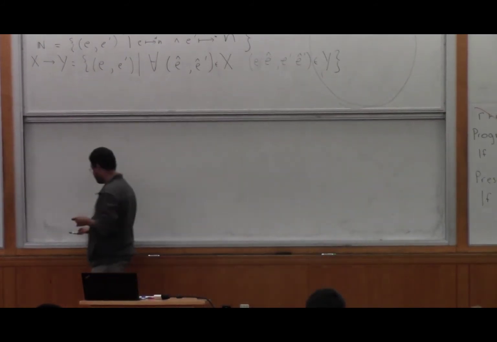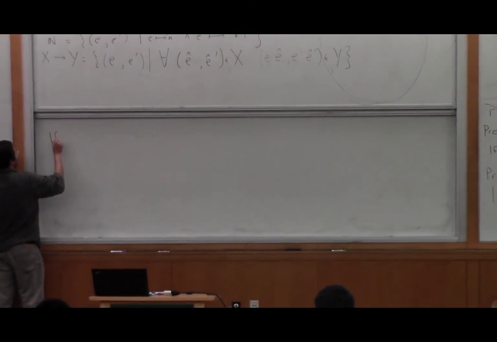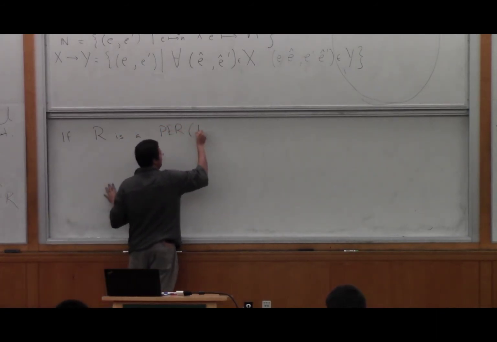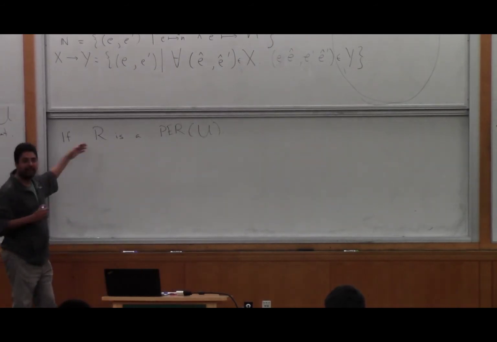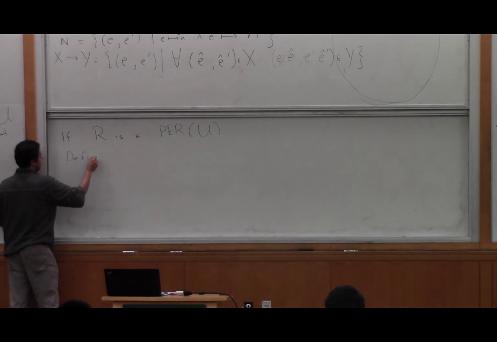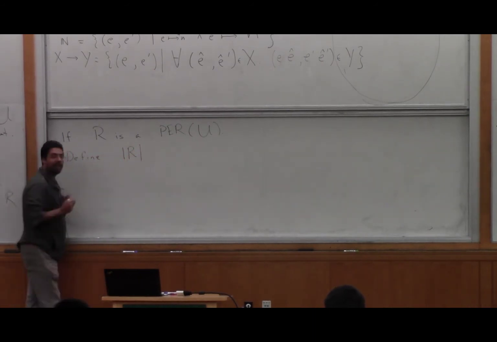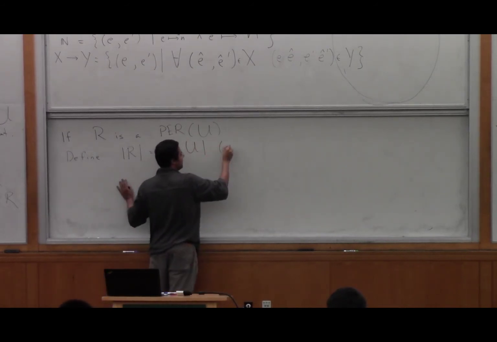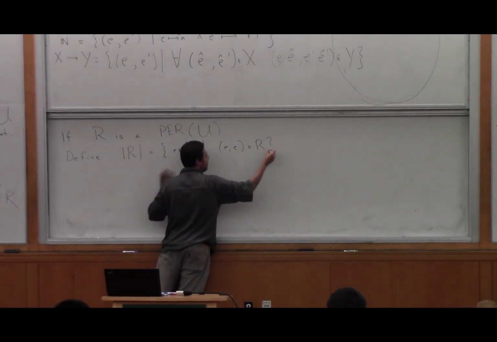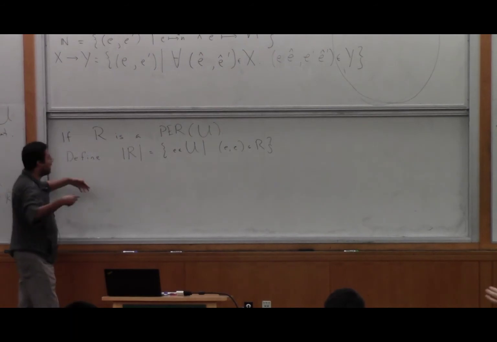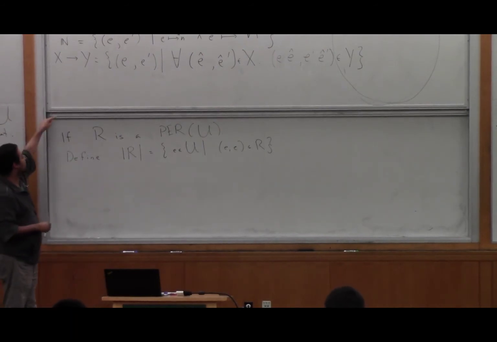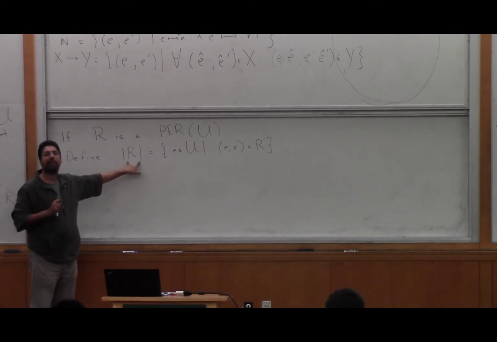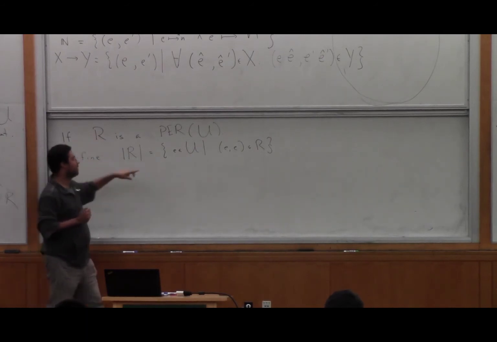If R is a partial equivalence relation on a set U, then what you can define is the domain of R to be the subset of U such that E, E is in R. And what will happen is that this relation R is a full equivalence relation on the domain of R. But it's not a full equivalence relation on U.